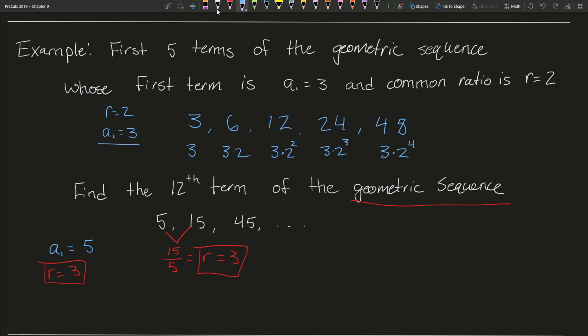So a_n is equal to the first term times the common ratio to n minus 1, which is equal to 5 times 3 to the n minus 1 power. And then all we do is substitute 12.